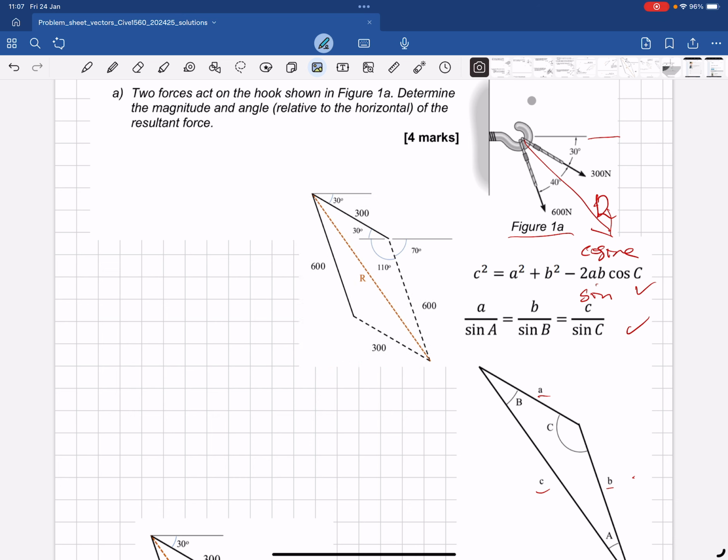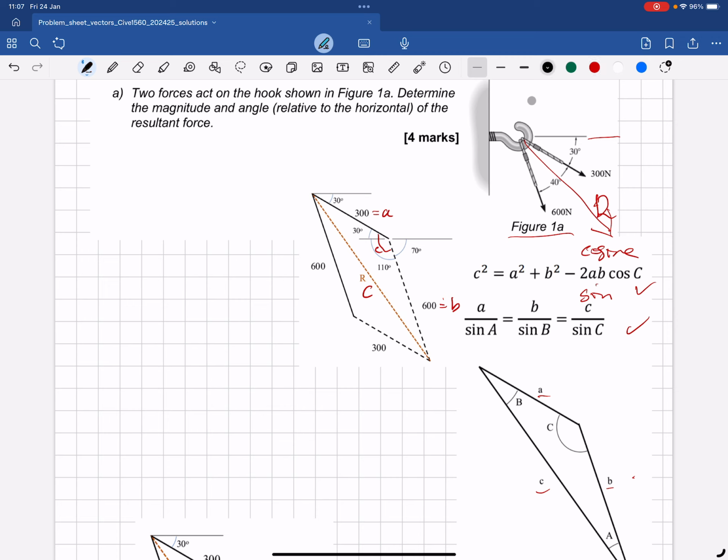So we've got diagram of forces, and if we look at the cosine rule, we've got this 300 is equivalent to the A, 600 equivalent to B, R is equivalent to the capital C, and this angle here is the lowercase c. We've probably got enough there. So let's have a look at what we need to do to write out the solution.